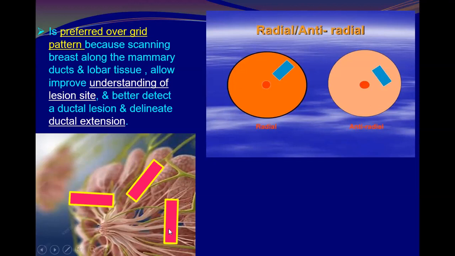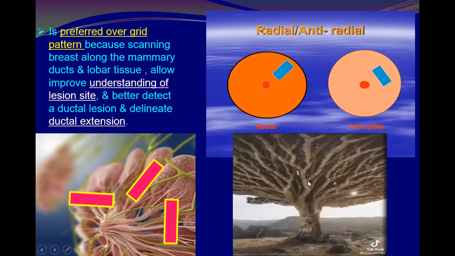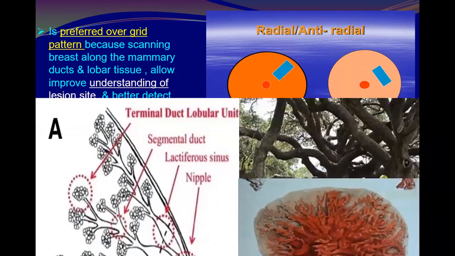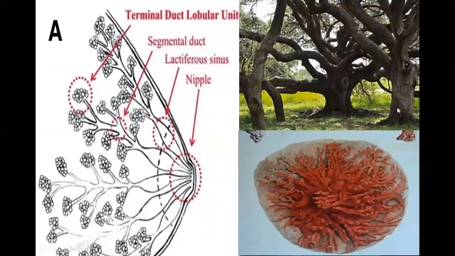longitudinal, or vertical. And we said if you look at this tree, like a lactiferous duct with its branching, look at the branches throughout the breast. And if you look here, are you hearing me? Yes.